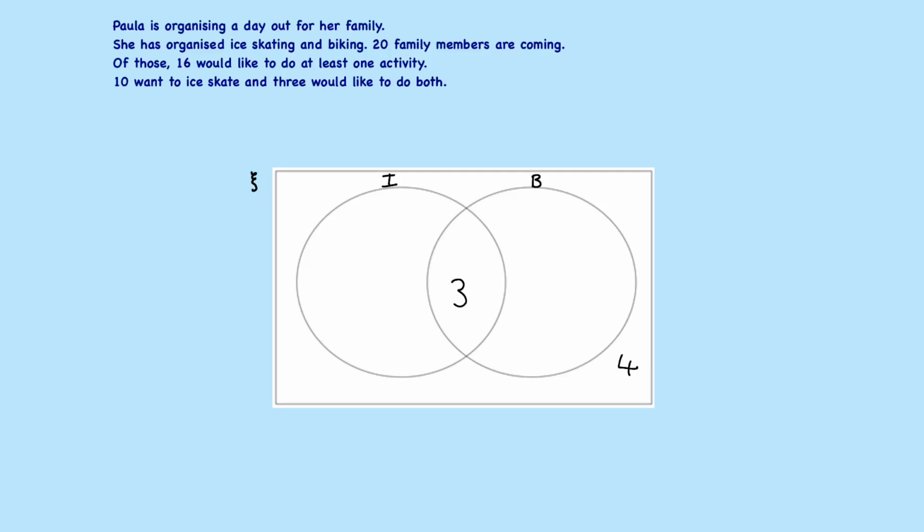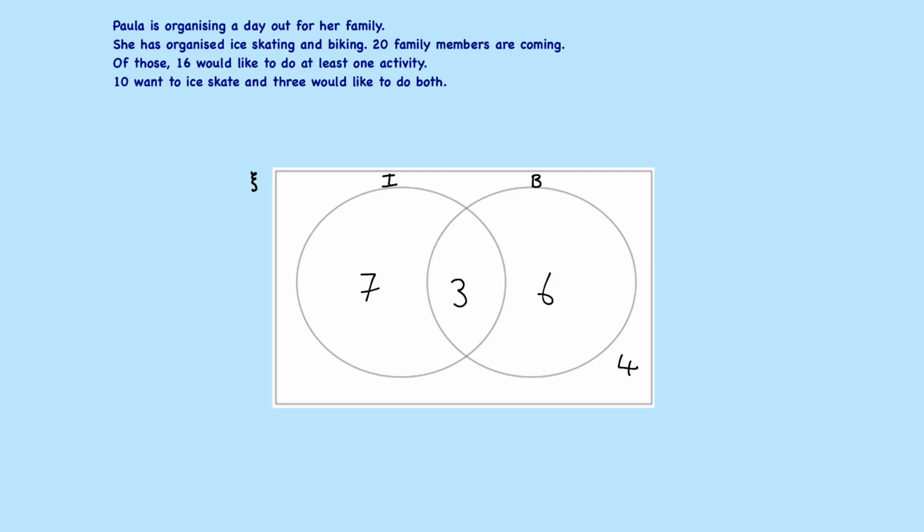Then if 10 people want to ice skate, and 3 of the 10 ice skaters are already in this intersection, that means there must be 7 remaining in the other part of the circle. And therefore, if we add up these 3 numbers, that will give us 14. So we know that there must be 6 left in this section of the people who just want a bike.